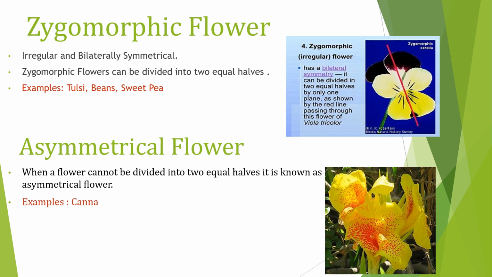You can see this in tulsi flower, beans and sweet peas. Now we next come to asymmetrical flowers. When a flower is unable to be divided into two equal halves along any plane, it is known as asymmetrical flower, as in the case of canna flowers.